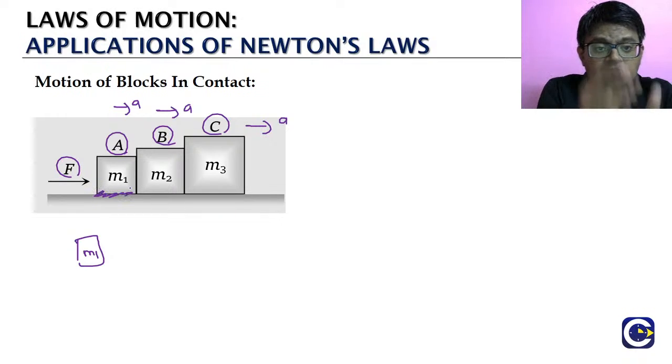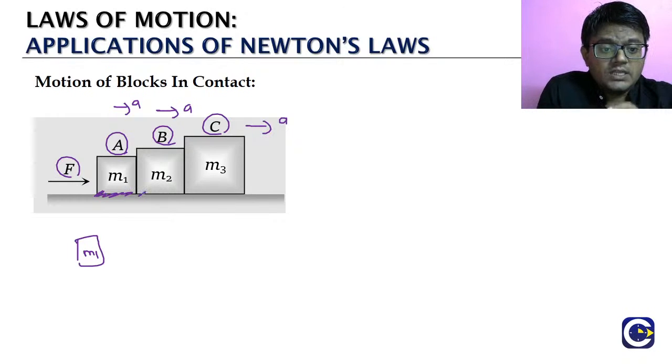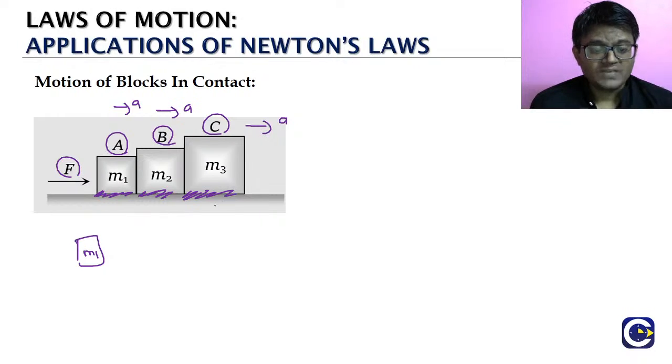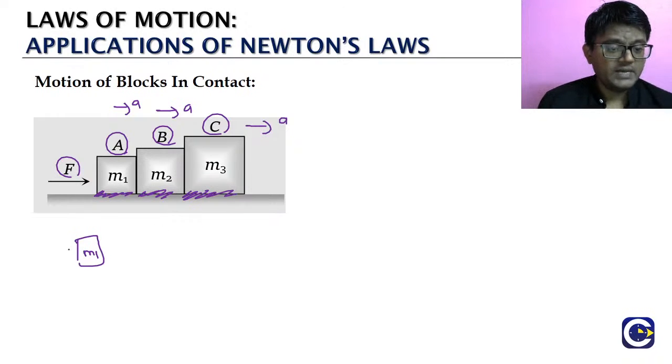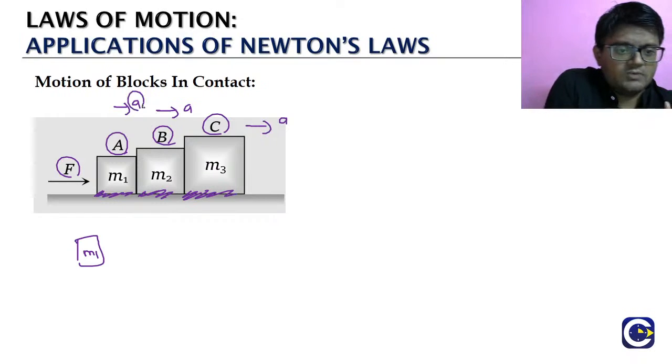None of them are having any vertical motion, right? From that we were only getting the normal reaction value between that particular block and the table. அது நமக்கு இங்க தேவையில்லை. We'll require that when we are solving the friction based problems. இப்போதைக்கு let us only focus on getting that acceleration value. இந்த A value மட்டும் we are trying to find.